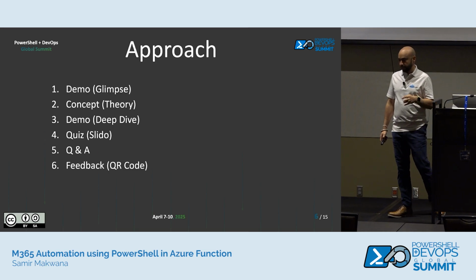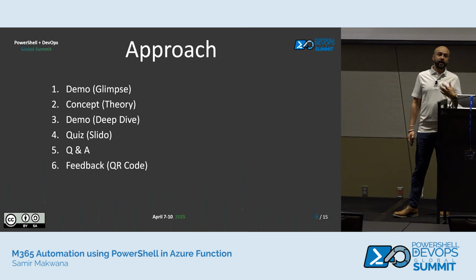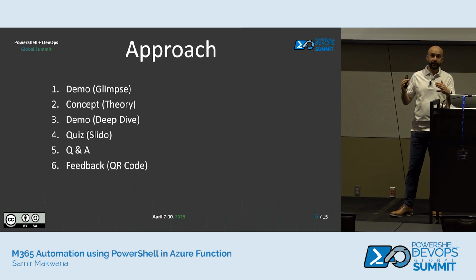Coming back to the approach, most of the time I take a demo approach so that I can show you what things look like in an actual automation scenario. It might not be perfect, it might not have 100% security hardening, but it's just to show you a proof of concept.